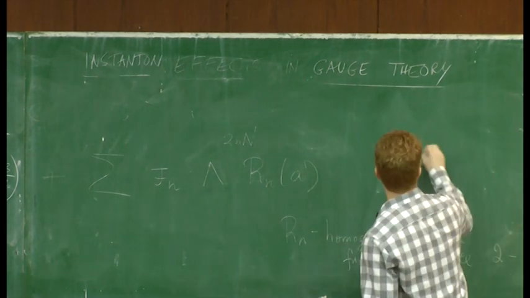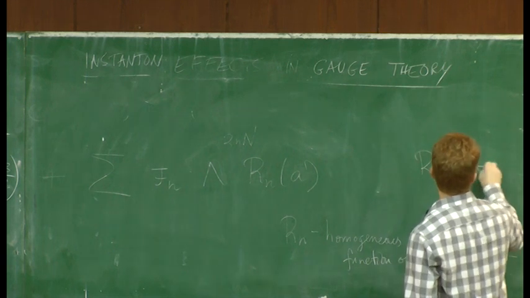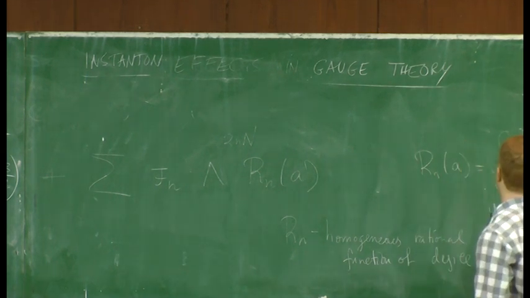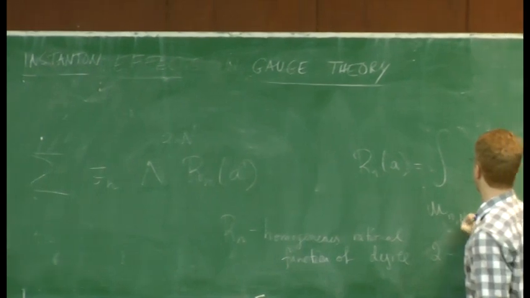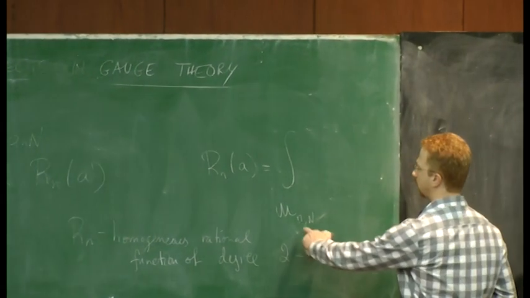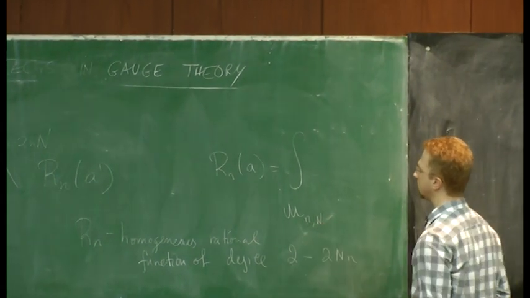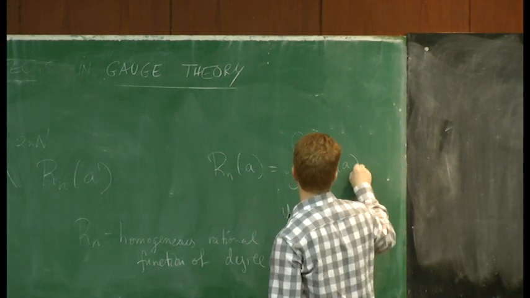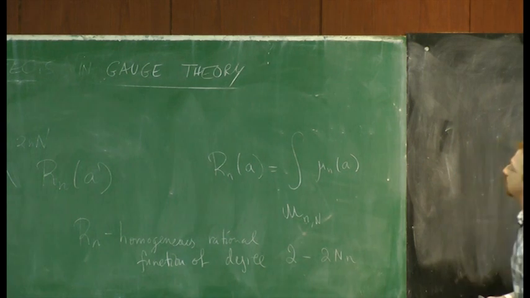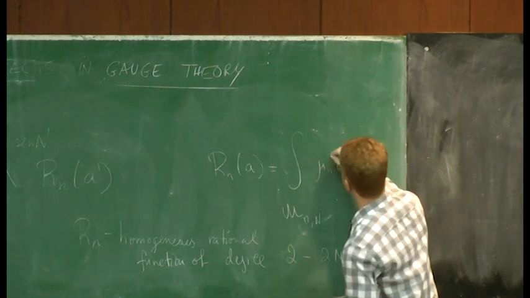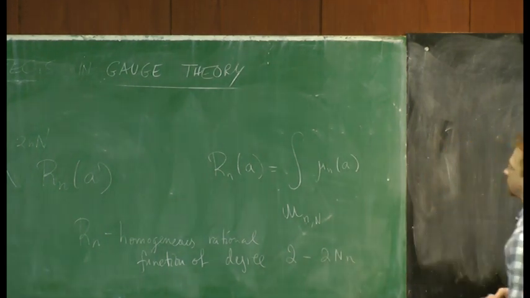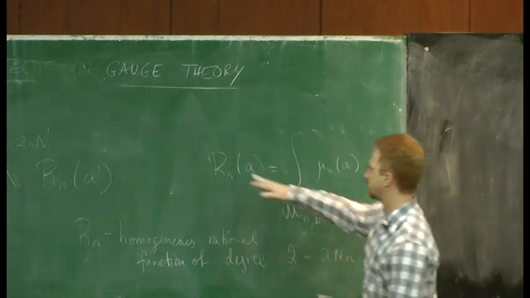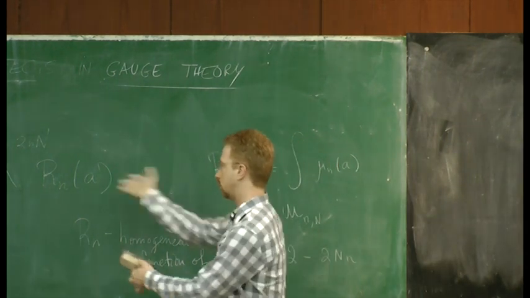So these R_n's are given by the integrals over the moduli spaces of instantons of charge n with gauge group SU(N) of some measure, which depends on a. And so the goal is to determine what this measure is, what these integrals are, and what this whole thing is.